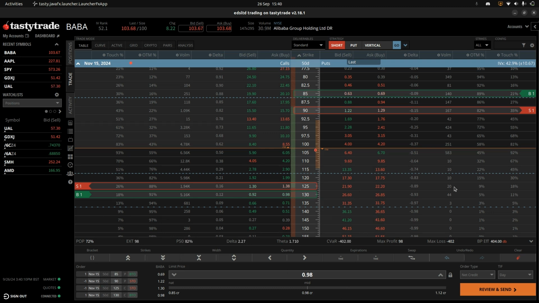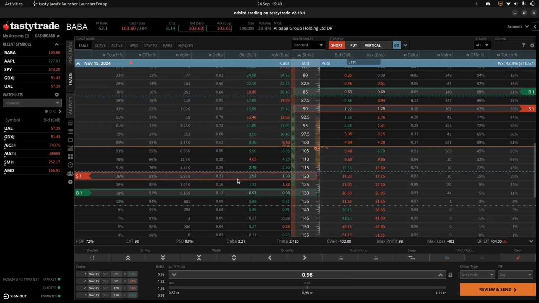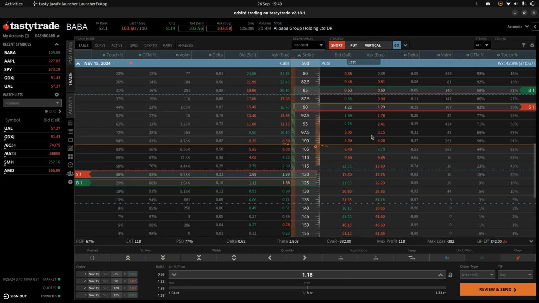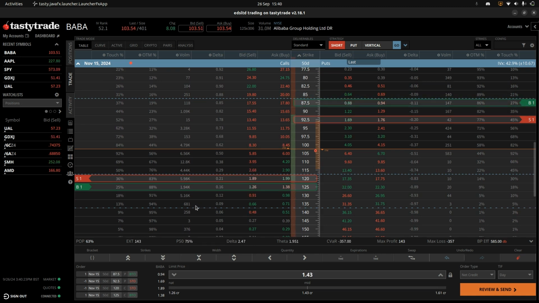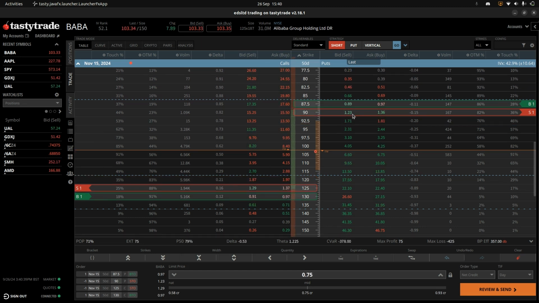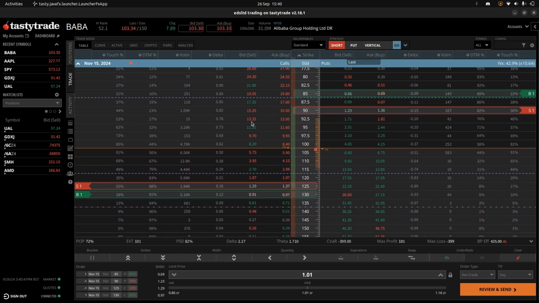However, if you did want to go with this as opposed to the naked position and you want to cover your shorts, I would recommend being a little bit more aggressive, and that will allow you to collect a bit more premium. It's going to reduce the amount of buying power that's required. And this overall seems like a better trade than going with the 16 delta, like how we were back here.